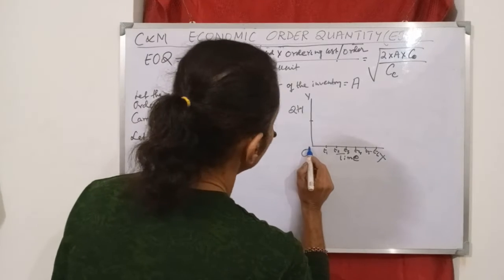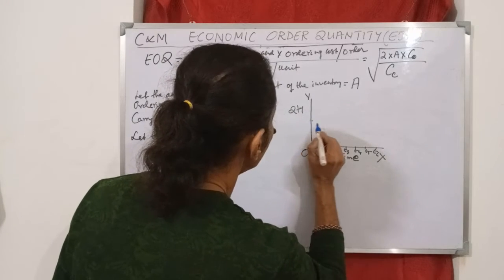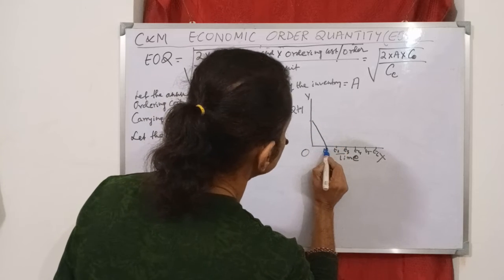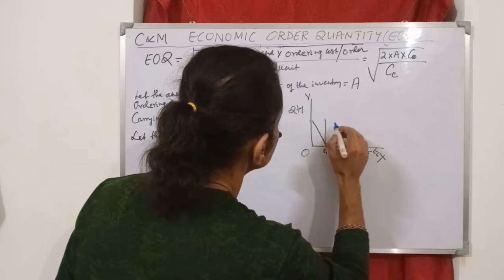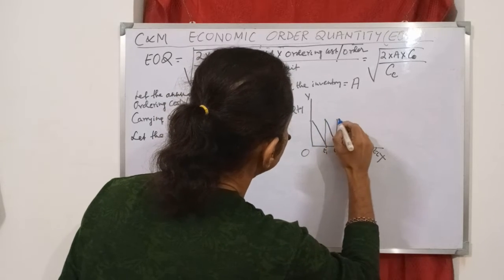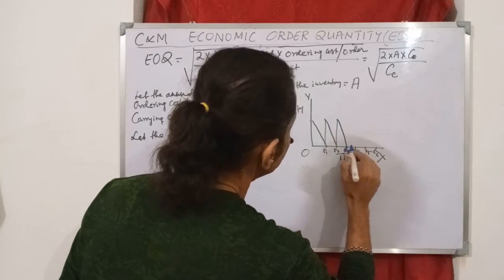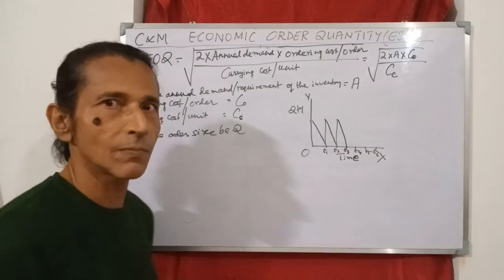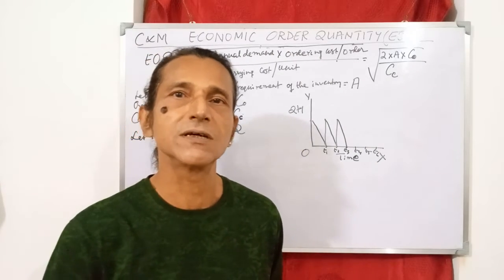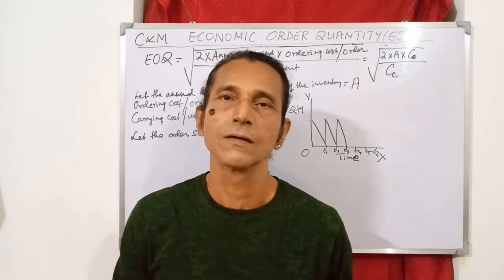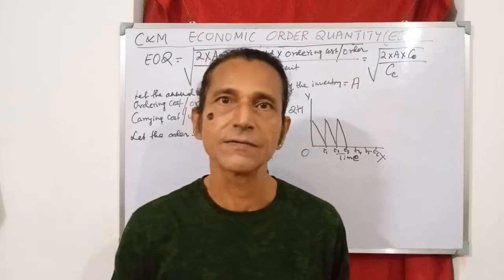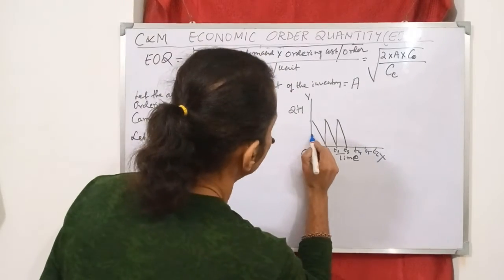Now with passage of time, the total quantity ordered will be exhausted, then it will be replenished, then it will again be exhausted, then it will again be replenished, and this will go on. So, how much quantity is the firm actually carrying throughout the year? To answer that, we take the average quantity.